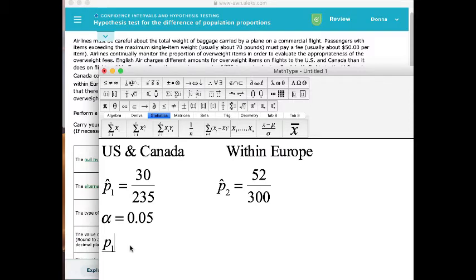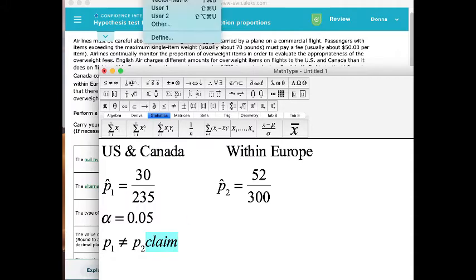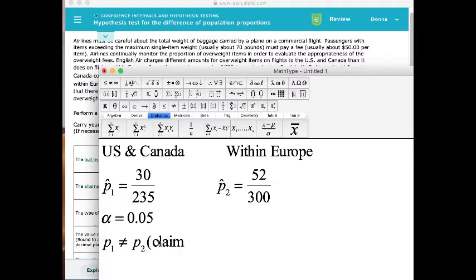That means they're different, and the way we represent that mathematically, different means not equal to. So that's going to be our claim. It's at that 0.05 level of significance, and that's my clue that that's the part I'm going to make a decision about based on alpha equal to 0.05.